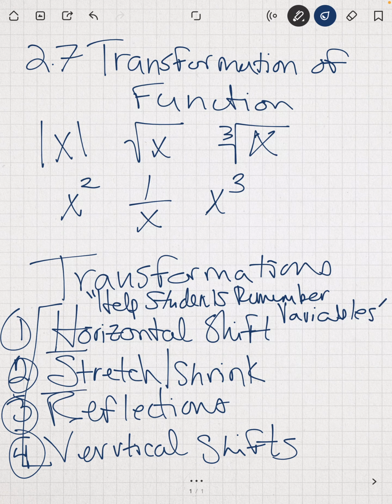Because H, S, R, and V is the sequence we'll apply them in, but I'm going to introduce them one at a time. The first ones we're going to talk about are both our vertical and horizontal shifts.